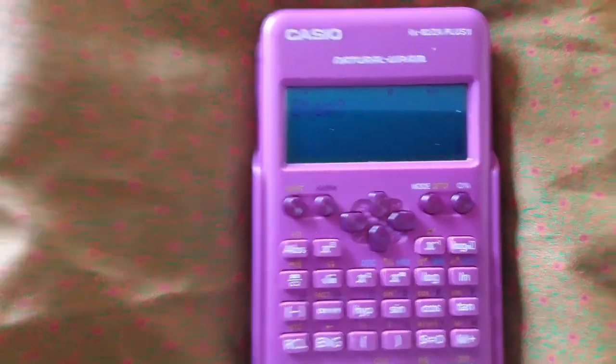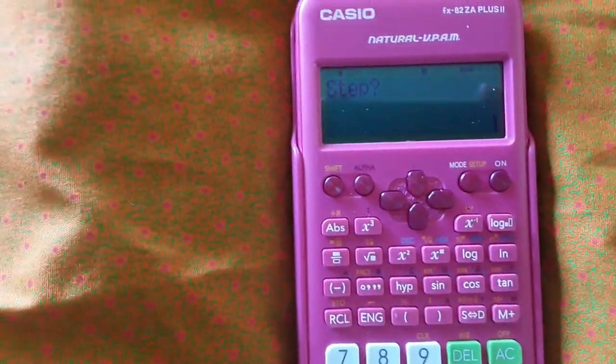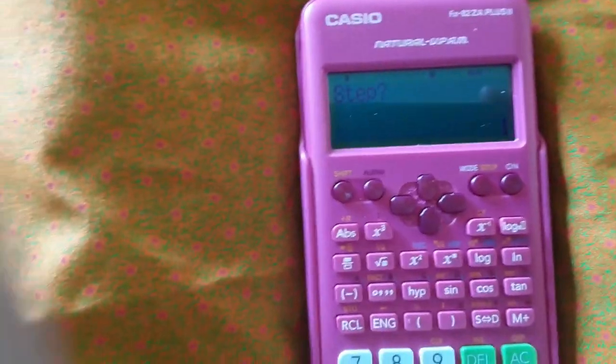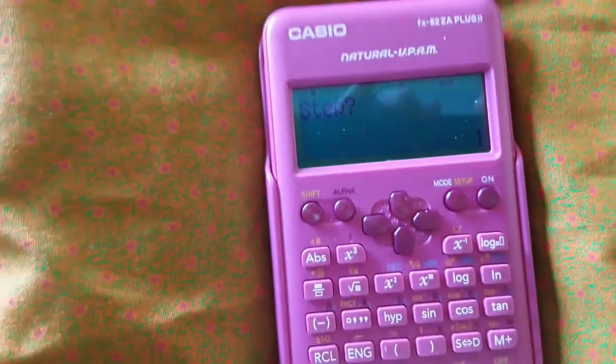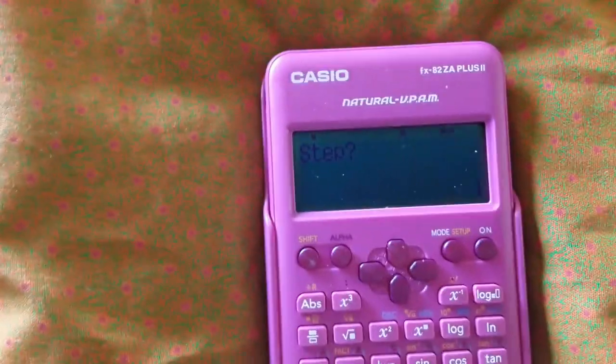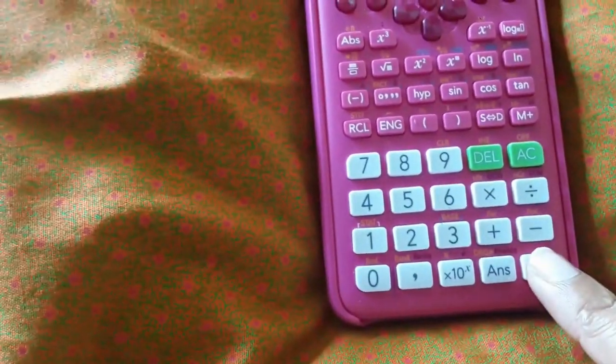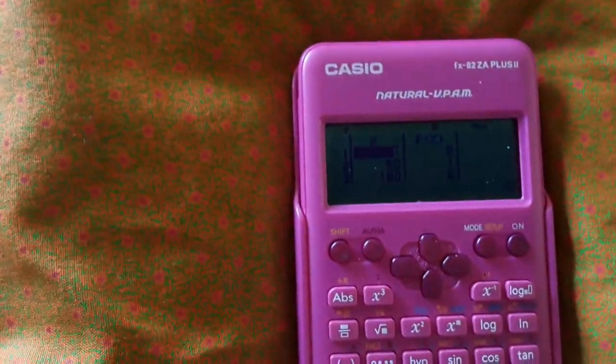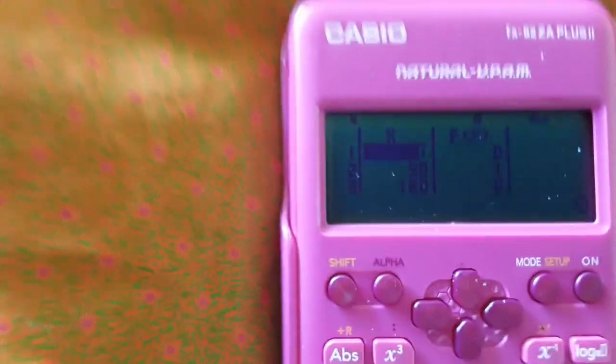So we've been stepping using 90 degrees, and that will be our step. Our step is going to be 90. So I say 90, and then equal, and there you have your table.